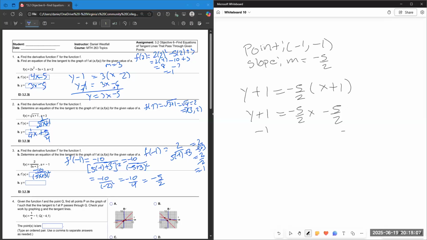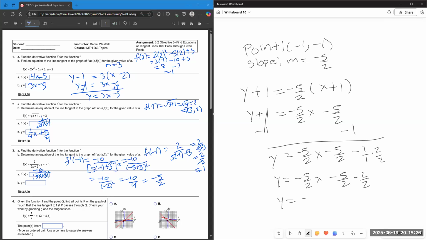We'll subtract a 1 from both sides. And y equals negative 5 halves x minus 5 halves minus 1 over 1. We'll make that 2 over 2. y equals negative 5 halves x minus 7 halves.